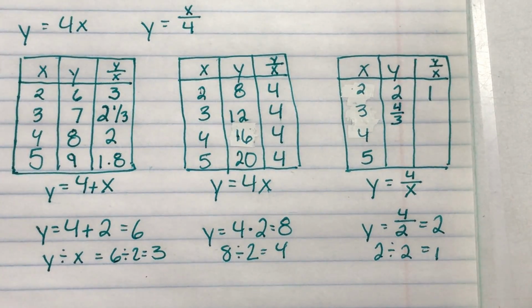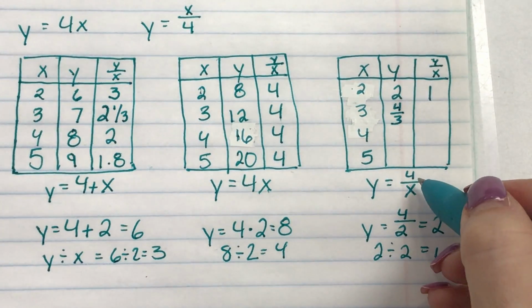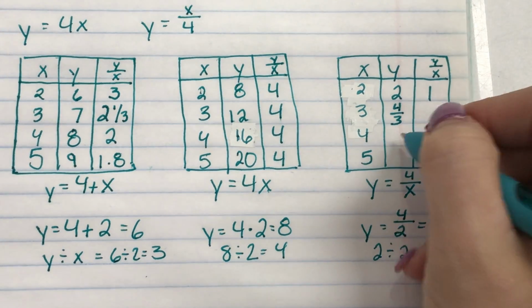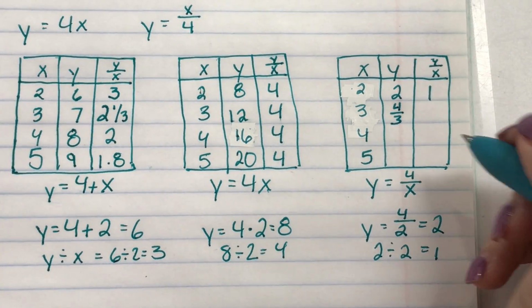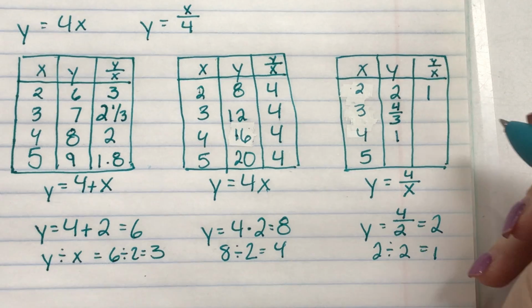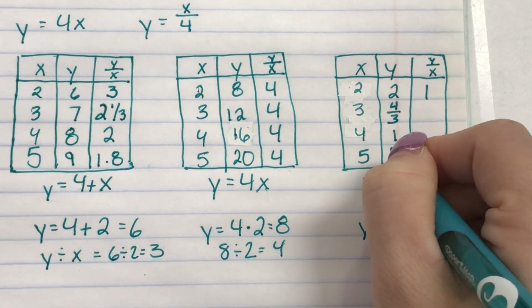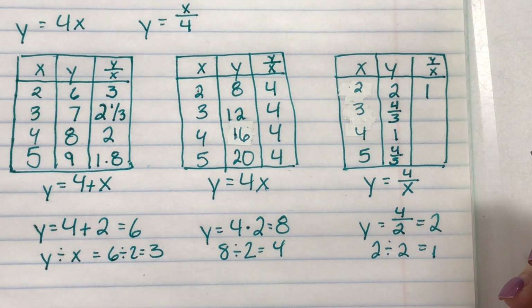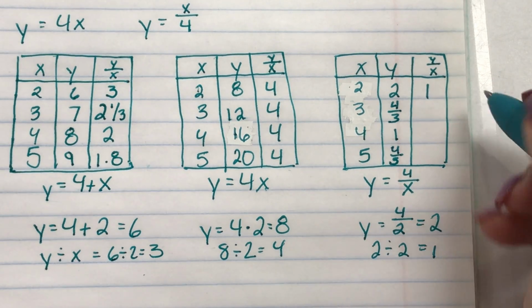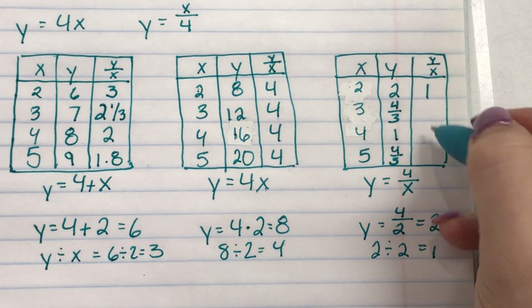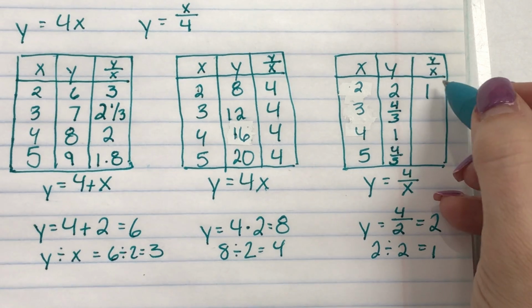Then we got 4, so that's going to be 4 divided by 4. Then we got 4 divided by 5. All right, so now we're going to do y divided by x.